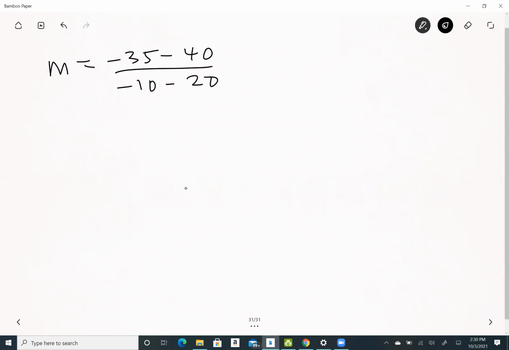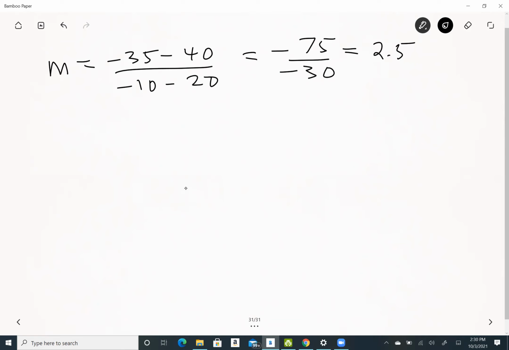Is that right? Okay. So that is equal to negative 75 divided by negative 30. So like you said, what did you get just now? 2.5. So that is the slope.